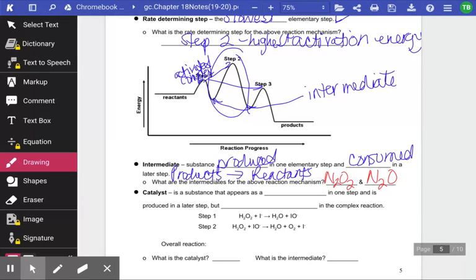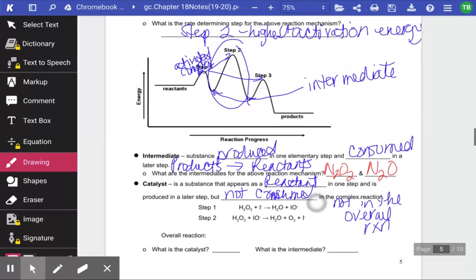In a reaction mechanism, it's a substance that appears as a reactant in one step and is produced in a later step, but not consumed in the complex reaction. So it's not in the overall reaction. We never notice it.